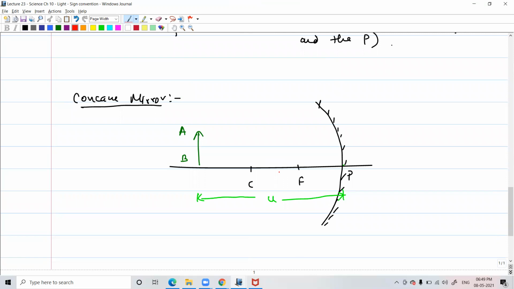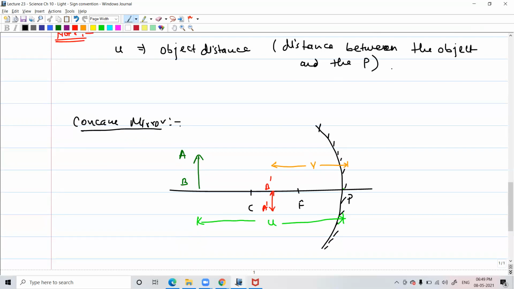Let's say that place is over here, A dash, B dash. So if that is the case, the distance from the pole to the image is represented by the letter V. So what is V then? It is the image distance. Same thing, the distance between the image and the pole this time, okay?